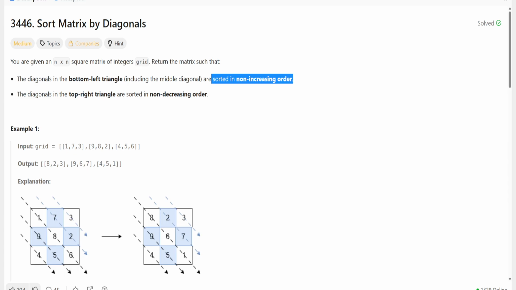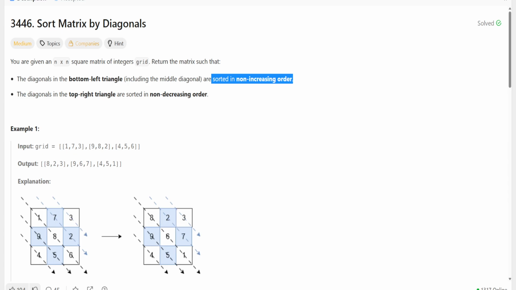Let's suppose we have 1, 8, 6, then we have 9, 5, 4, but in this case we have 7 and 2, so it will become 2 and 7 in ascending order.